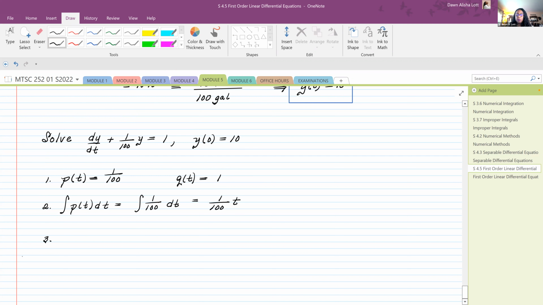Step 3. V of t is e to the integral of P of t dt. So that's e to the 1/100 t.